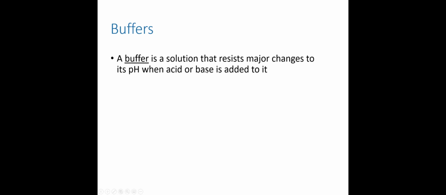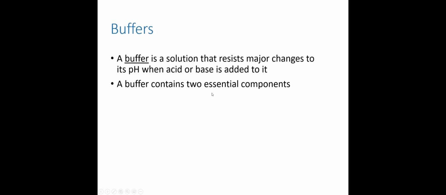If the base is added to this neutral solution, the pH will go skyrocketing to a very high value very quickly. A solution which is buffered tends not to behave this way. Adding acid only causes the pH to go down slightly, and adding base only causes the pH to go up slightly.